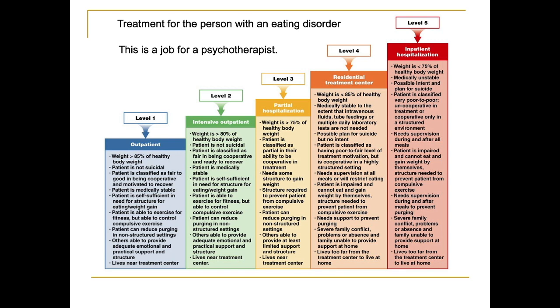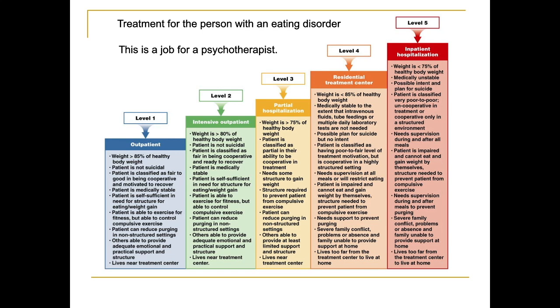So your body weight isn't necessarily as low as somebody who's in level 3, but you might be medically suicidal. You might not be cooperating with treatment. You might need to be supervised at all meals, or you will just instinctively restrict your eating.